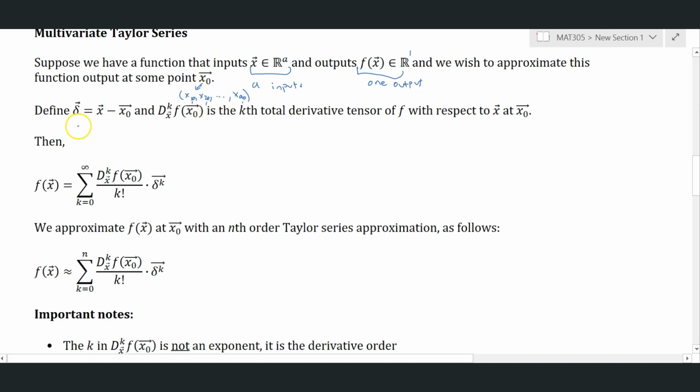Now we're going to define this delta vector to be the difference between our input vector, our variables, and this, our point of interest. Let's just say it's x, y, z.